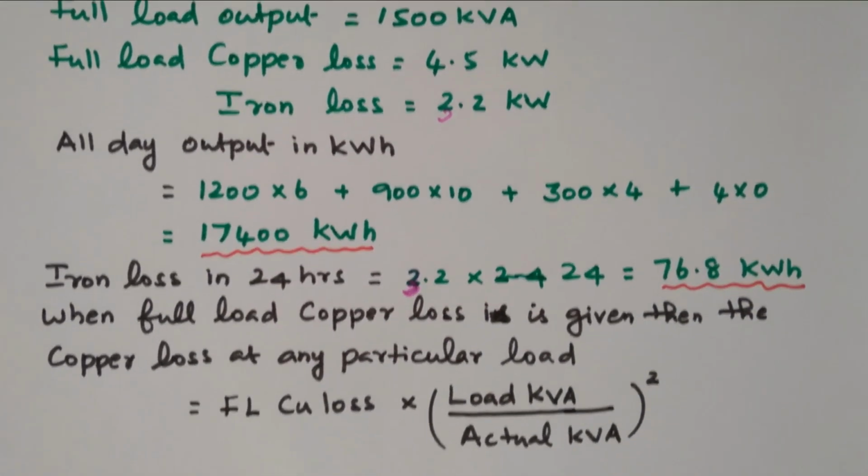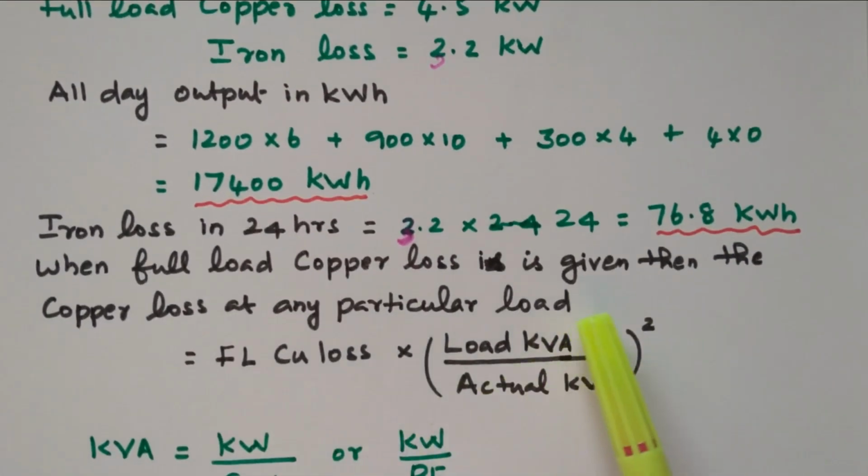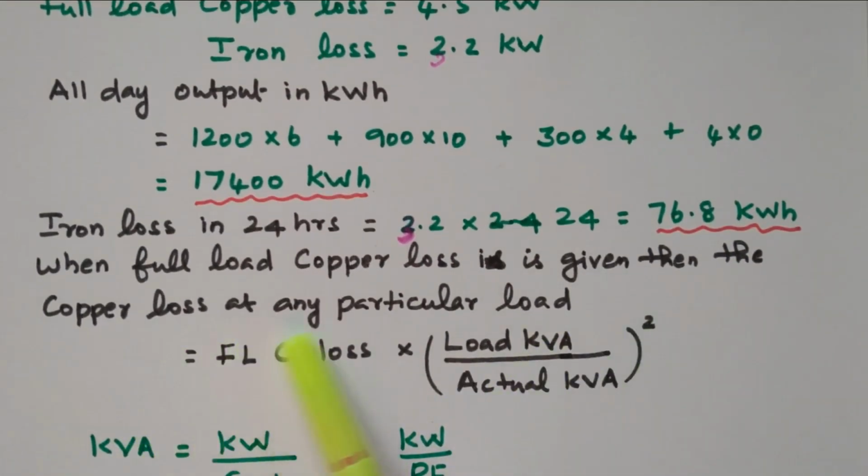When the full load copper loss is given, we need to find the copper loss at a particular load, because the hours are given for different loads. The full load copper loss is already given, but we need to find the copper loss at a particular load. So, copper loss at a load equals full load copper loss multiplied by the square of load kVA divided by actual kVA. By finding this, we can find the copper loss for a particular period.